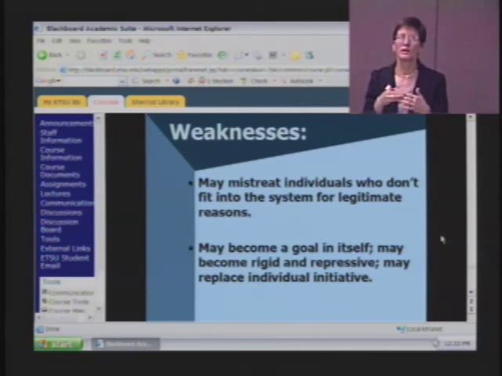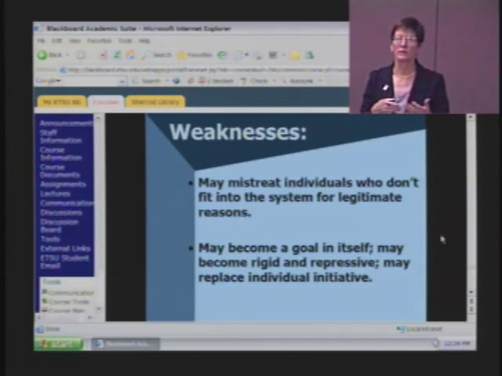The system, whatever it is, can become very rigid and repressive, and the rules, the system, the bureaucracy, the way we do things in this school, in this classroom, may replace individual initiative.